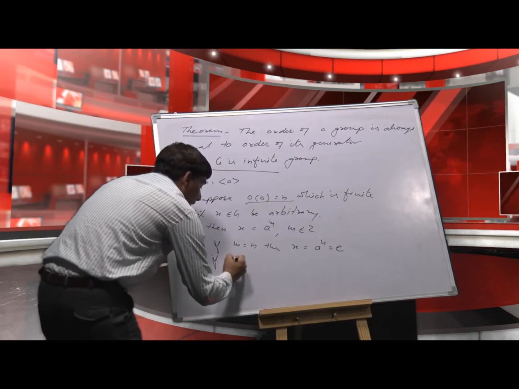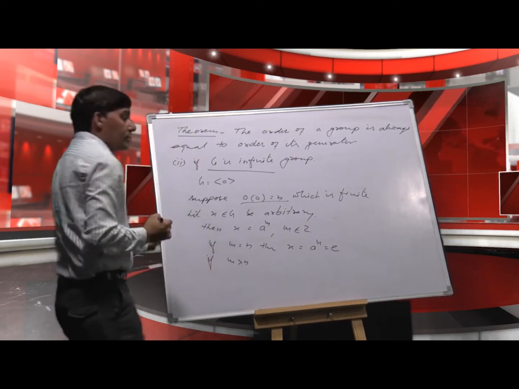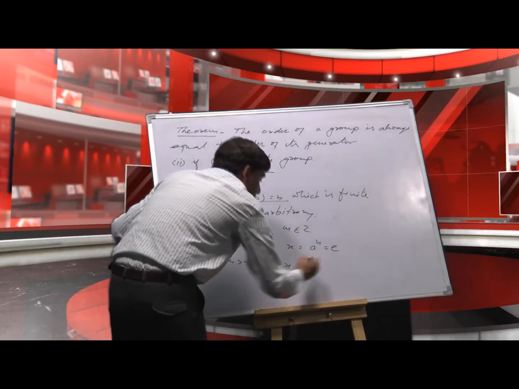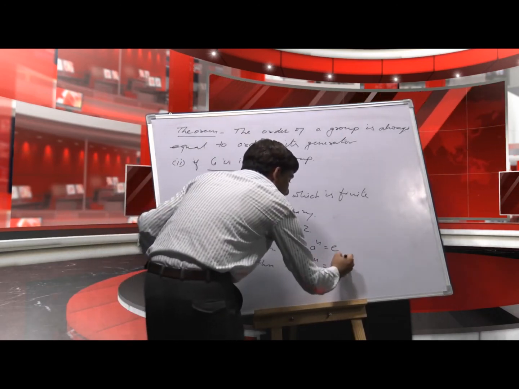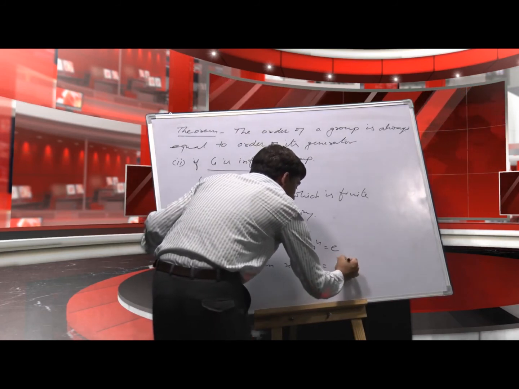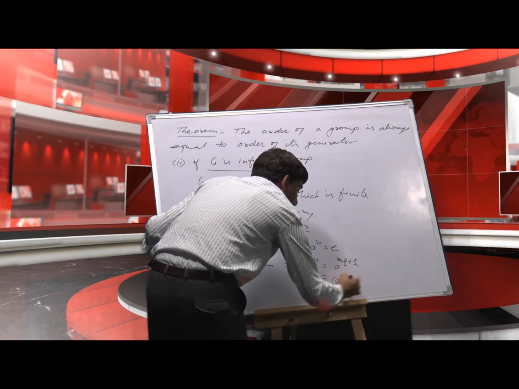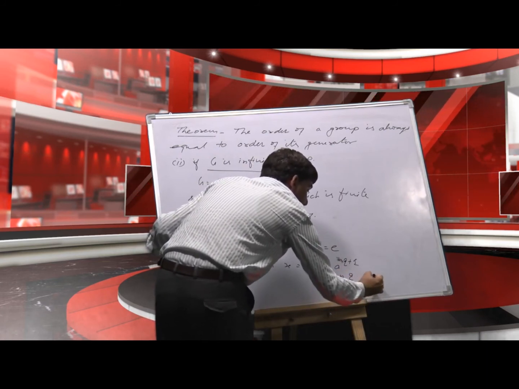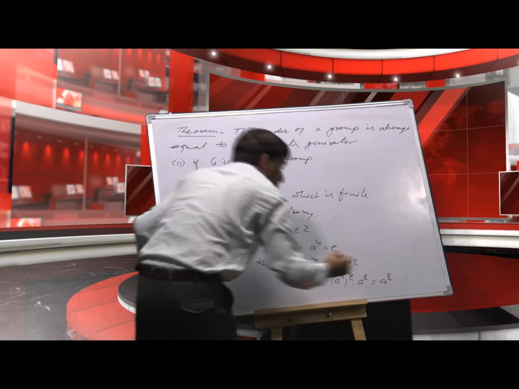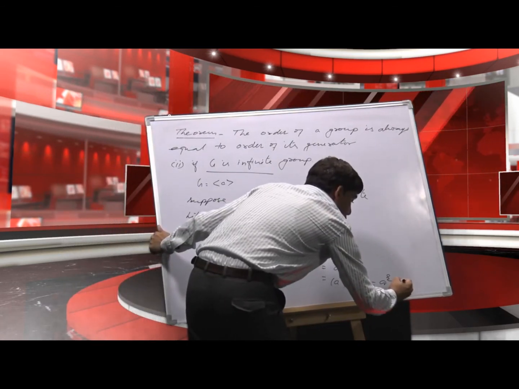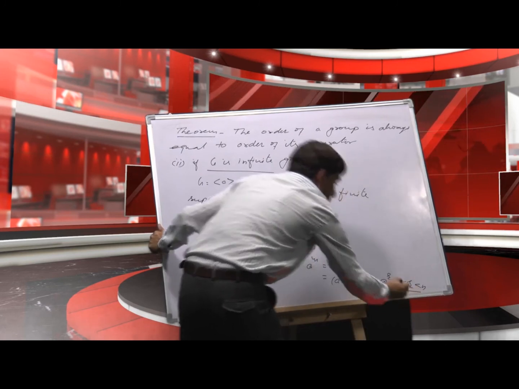If m is greater than n, then x is equal to a raised to power m. We can write it as a raised to power nq plus r, which is equal to a raised to power n, raised to power q, into a raised to power r, which is equal to a raised to power r. r is greater than or equal to 0, less than n.